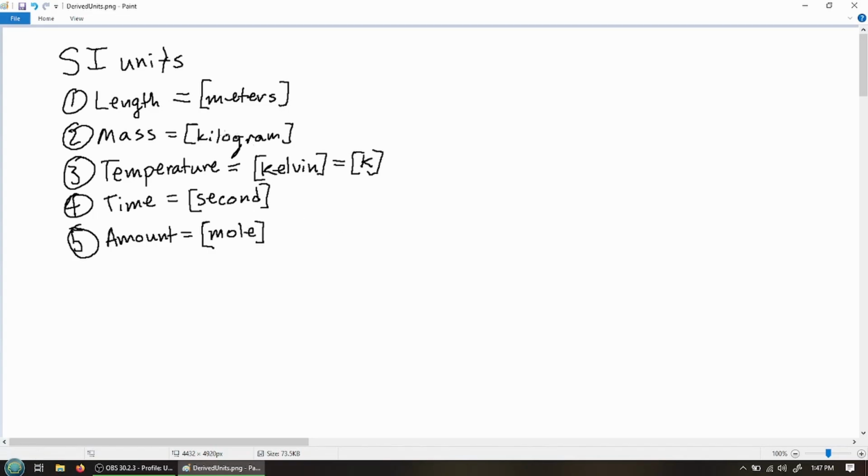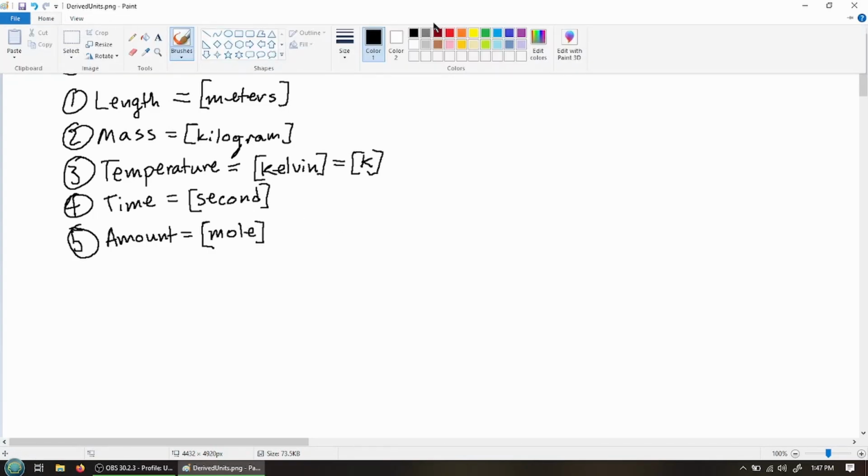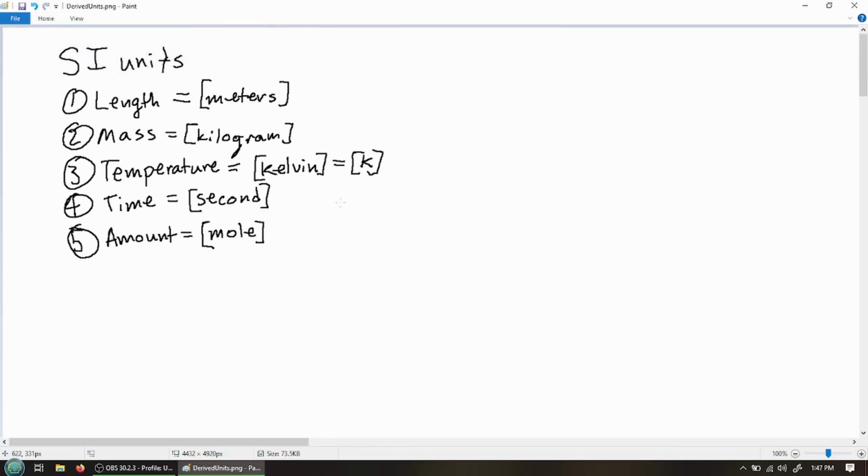And we know that 1 mole is equal to 6.022 times 10 to the 23rd of whatever that is. So if you have 1 mole of carbon atoms, you have that many carbon atoms, 6.022 times 10 to the 23rd carbon atoms. If you have 1 mole of water molecules, you have 6.022 times 10 to the 23rd water molecules.